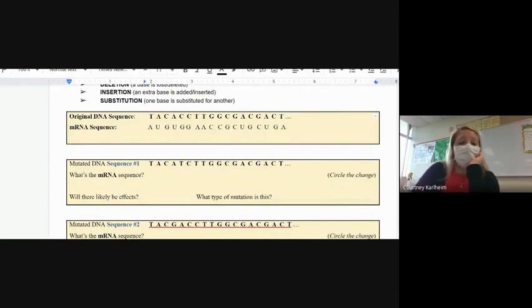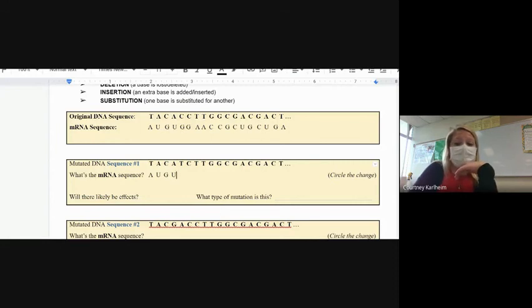Then you go through your mutated DNA sequences right here, and read your mRNAs again. Since I just asked you, I will just write them. We already went through this. So you told me it's an A and then a U and then a G. There's another A. So you just fill this out again.